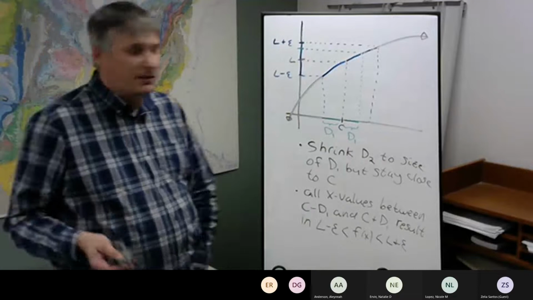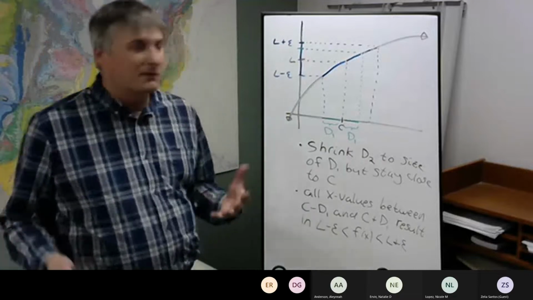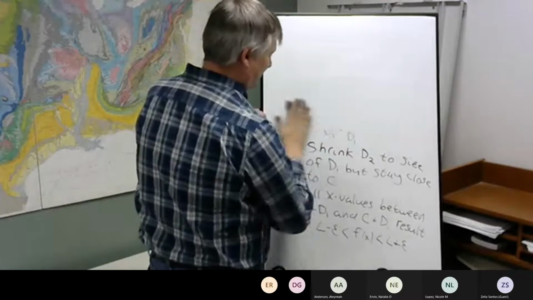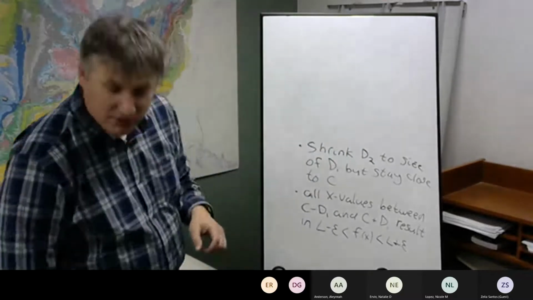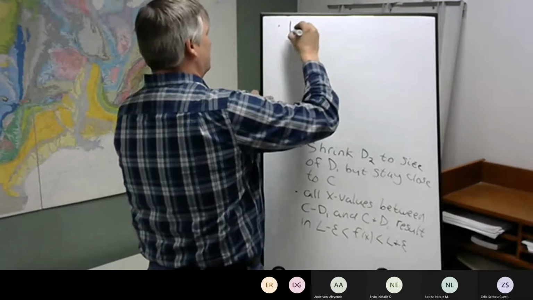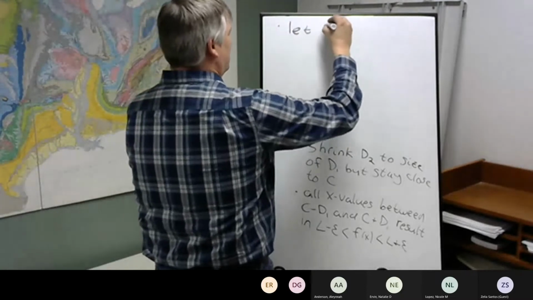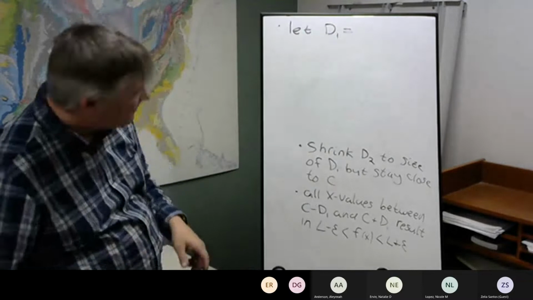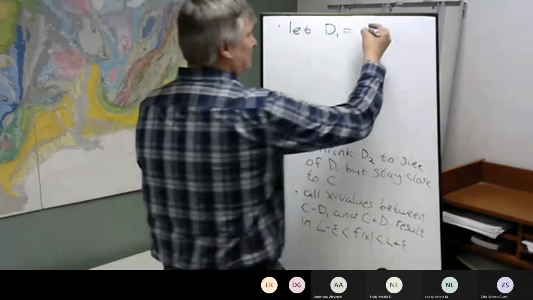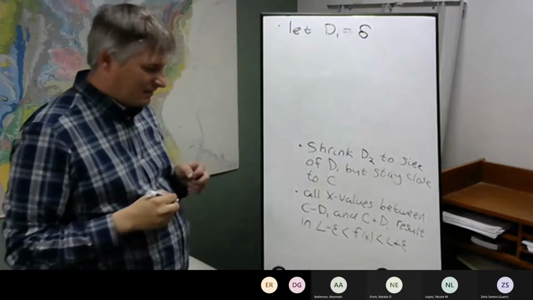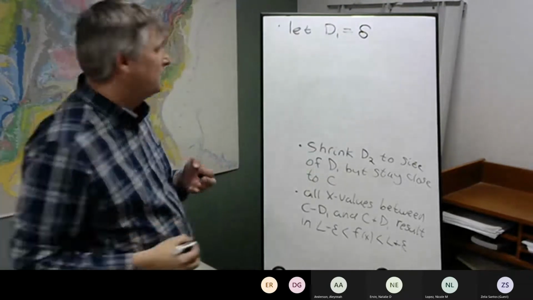So where are we going with this? Well, let's bring it all together. We're going to call D1, and we give it a special name. We call it delta. And so what we'll say is this.